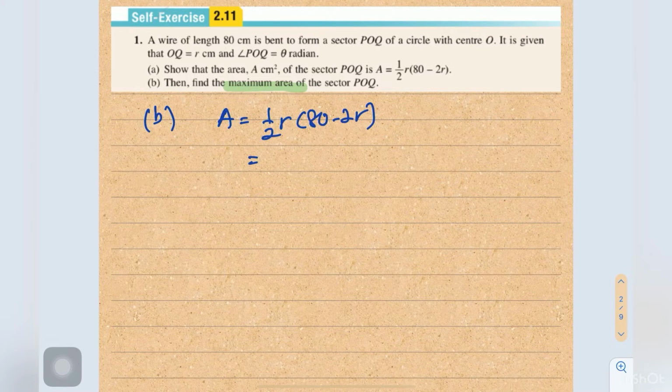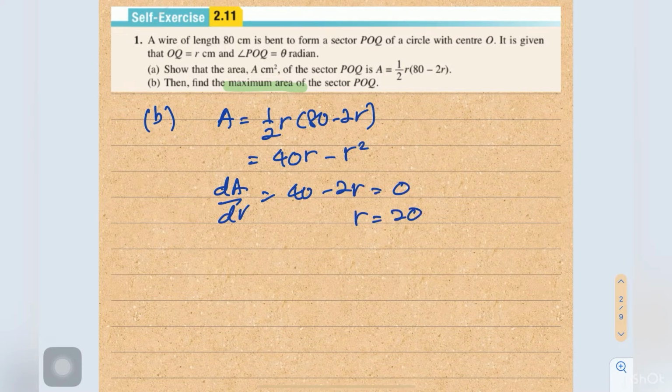Then we expand, we get 40R minus R squared. Then we differentiate A in terms of R, we get dA/dR equals 40 minus 2R equals 0. Then we get R equals 20.